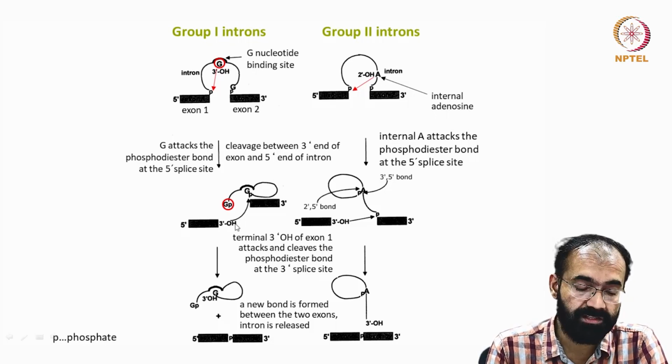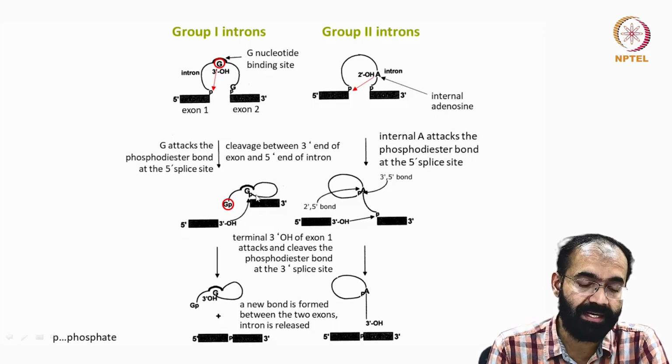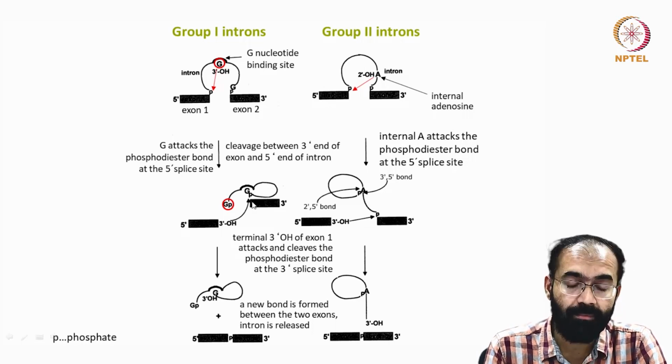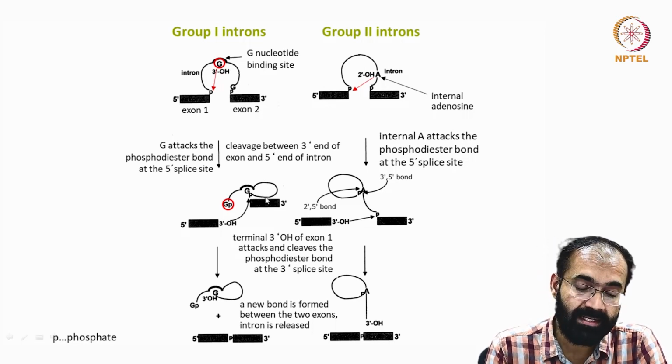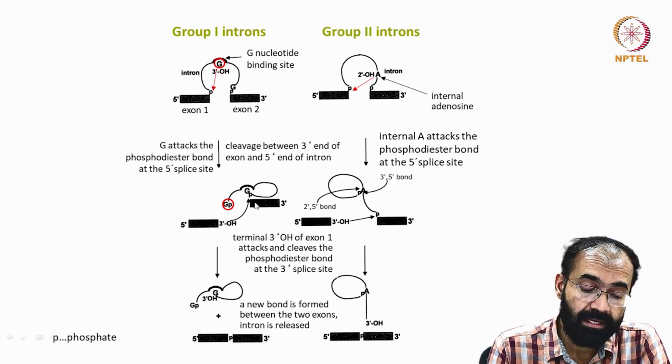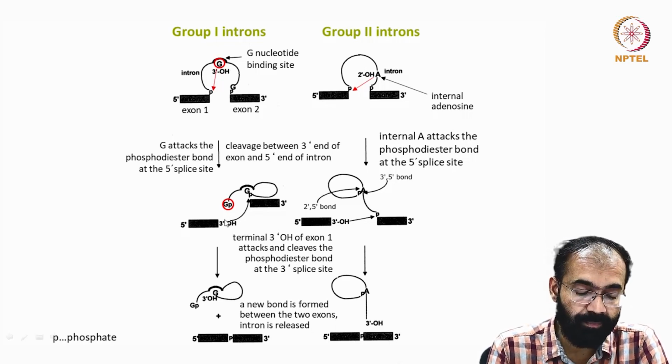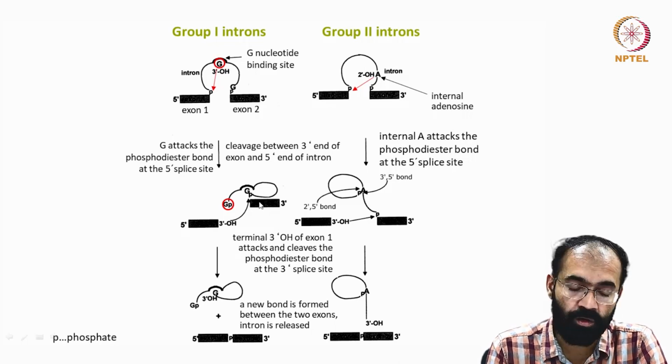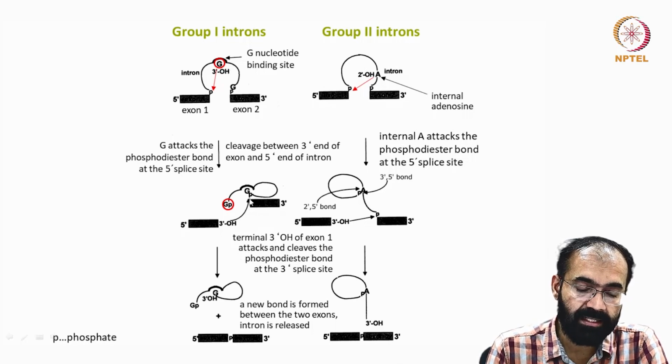This 3' OH does a second nucleophilic attack onto the 3' end of the intron and the 5' end of exon 2. So the second nucleophilic attack happens from exon 1 onto the 5' end of the second exon, and as a result the intron is released from that 3' end also.